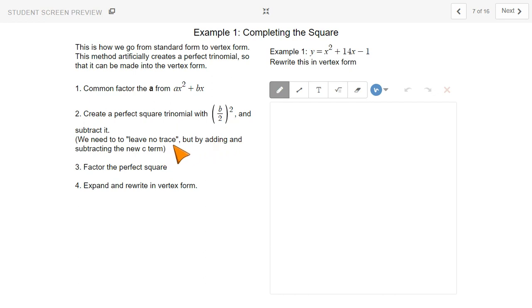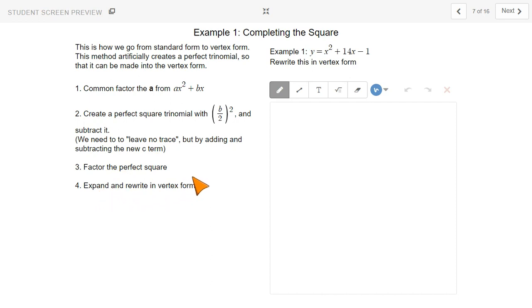We have to leave no trace. Kind of like if you're going camping, you go into the forest and you're supposed to leave no trace when you leave the campsite. You're not going to be leaving garbage. You're going to be taking everything back with you to throw out in the appropriate places. Then you're going to factor the perfect square trinomial, collect your like terms, and then you'll write it in vertex form.